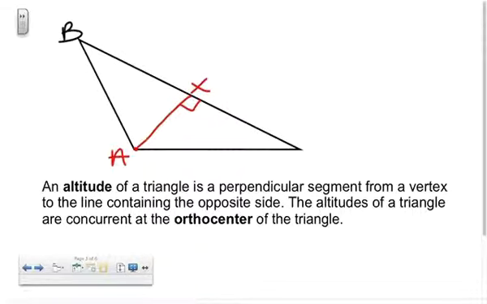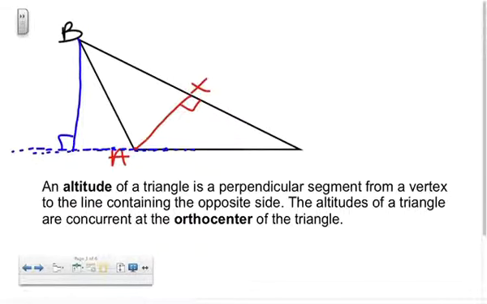In order to get that perpendicular side, I have to extend this side here in order to then draw the perpendicular segment to the line containing the opposite side.